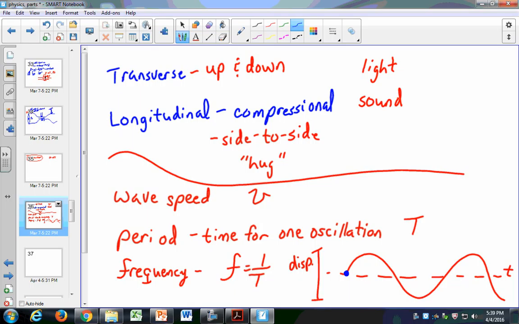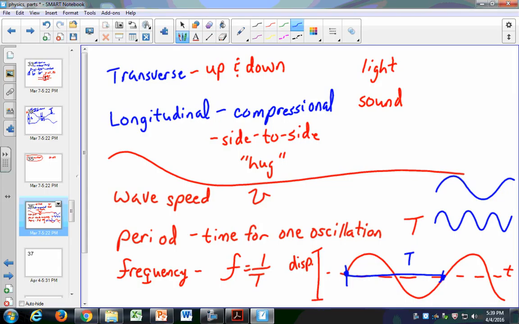So the period would go from this point over to this point. So this time would be one period. And then my frequency is just going to be the inverse of that. With frequency, you've probably seen this before, but let's say I have two waves like this. I have one like that, and then I have one like this. Which one of these has the longer period? Has the bigger period? The top or the bottom one?